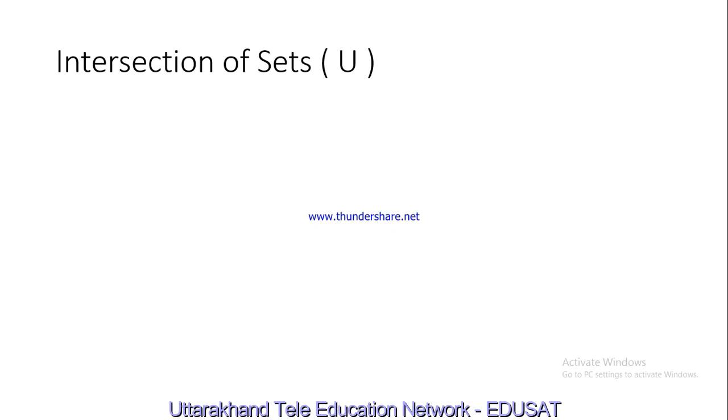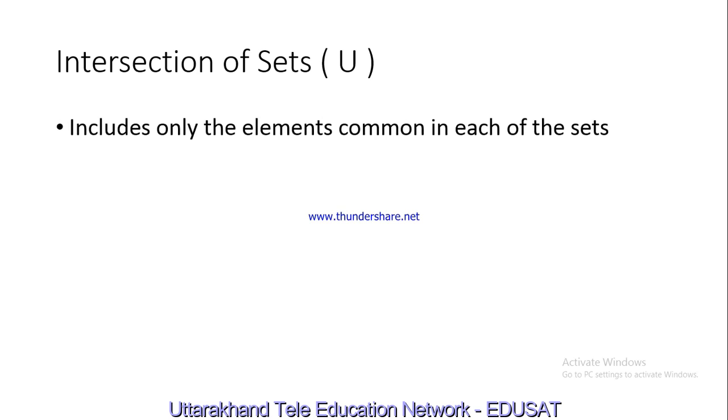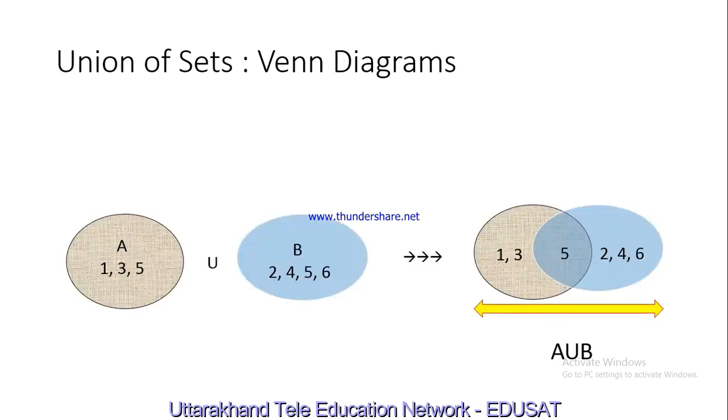Now let us talk about intersection. What do we mean by intersection? So what is intersection? Intersection basically is the overlap. Just now we were talking about the overlap. You remember here 5 was the element which was common in both the sets. Now this portion wherein the first circle and the second circle are overlapping, look at the figure at the right side of the screen.